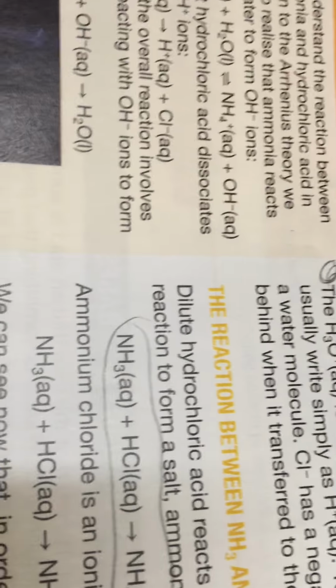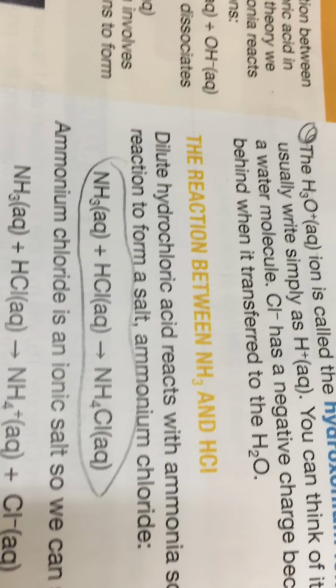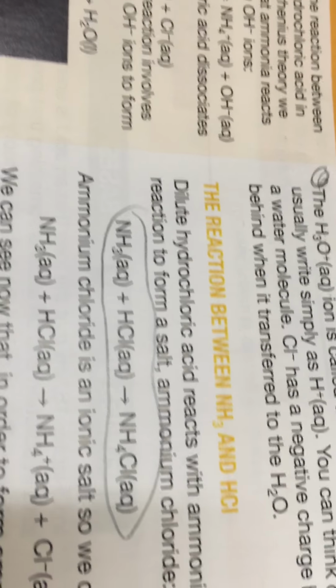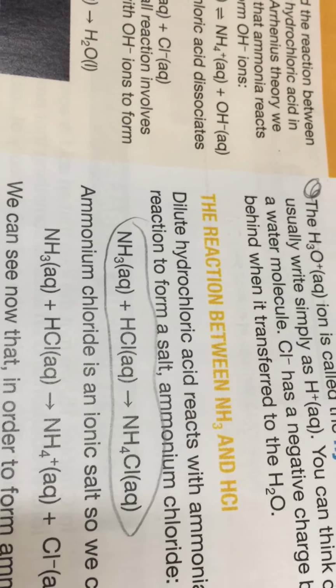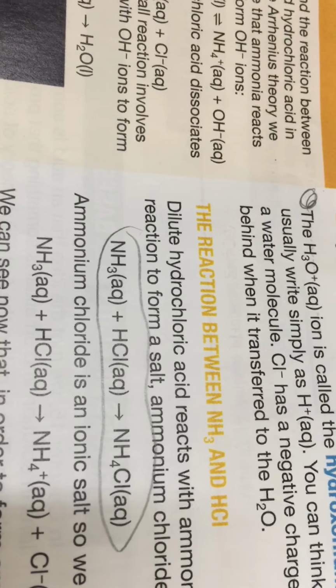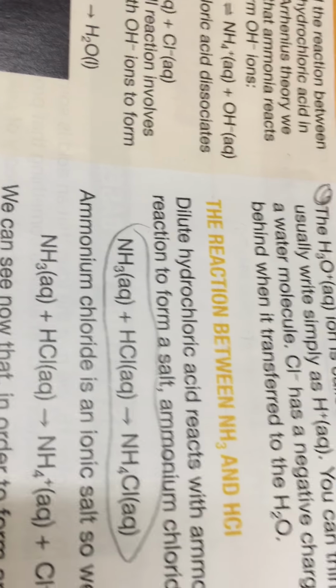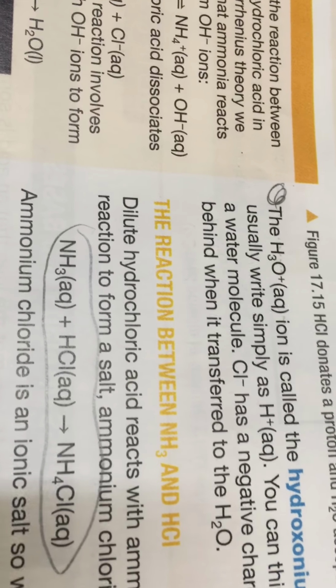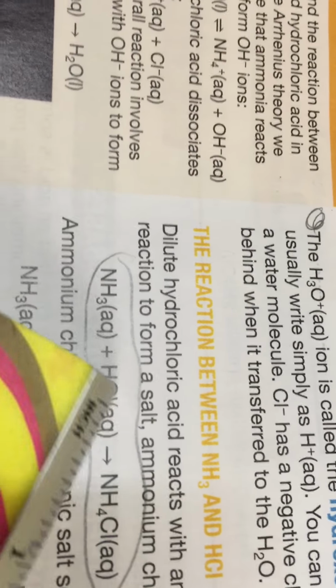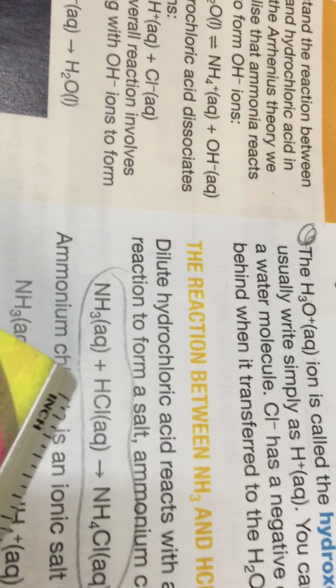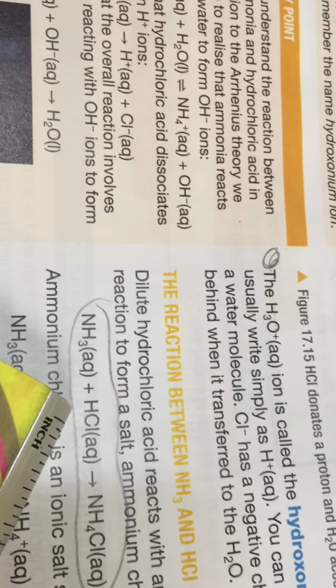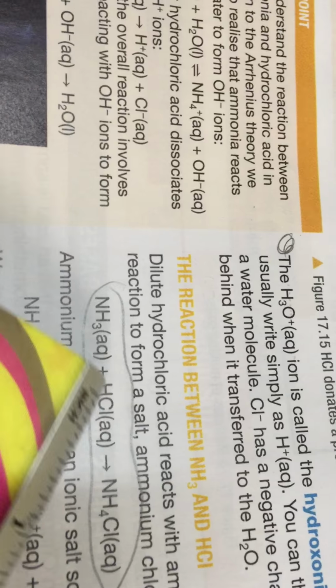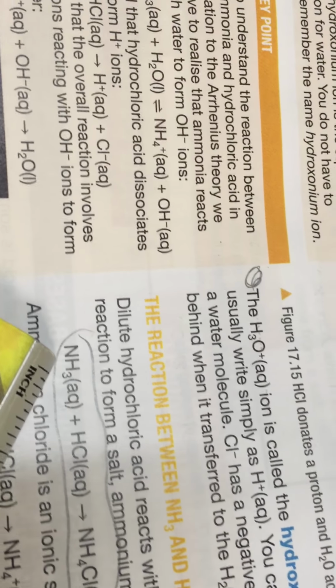Okay, these kinds of reaction, as I said to you, the reaction between ammonia and hydrochloric acid is an acid-base reaction. Why? Even though ammonia does not contain hydroxide ion, ammonia is a receptor for the hydrogen produced here from the acid. So here is a hydrogen donor and here a hydrogen receptor.